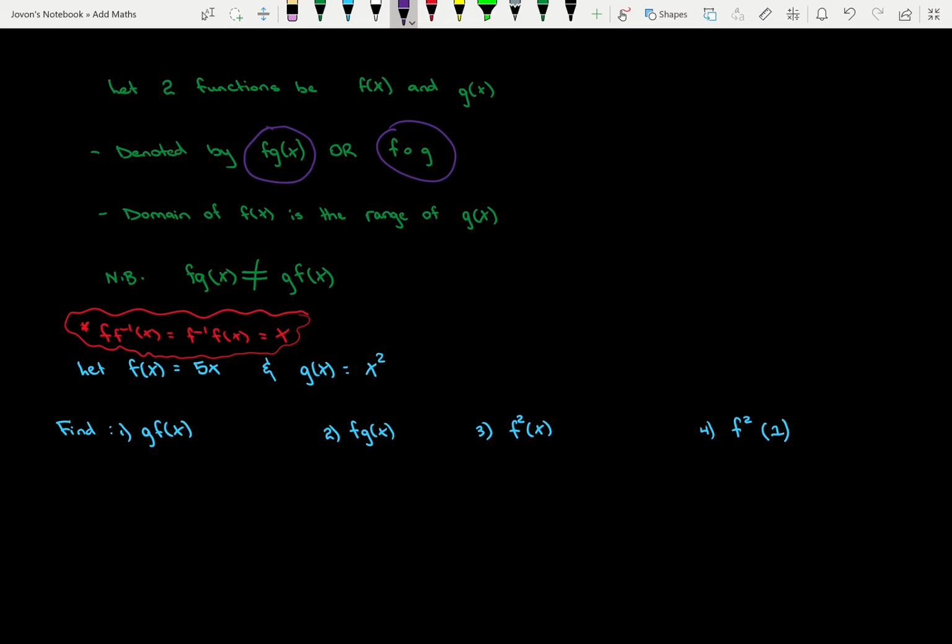One last thing, composite functions basically combine two functions together as one. And when finding composite functions, if we multiply a function by its inverse, you will get x as the result, which we will see in an example here.